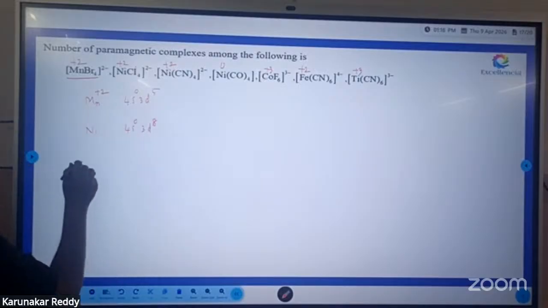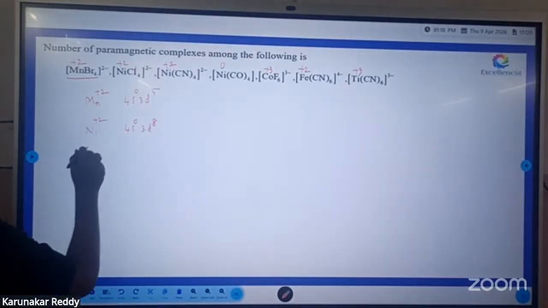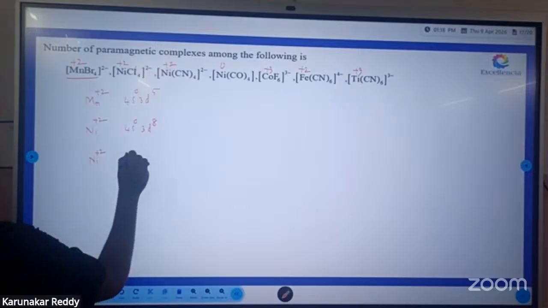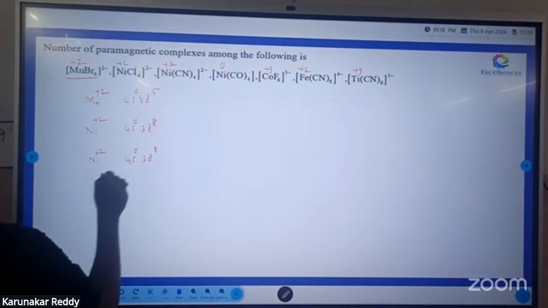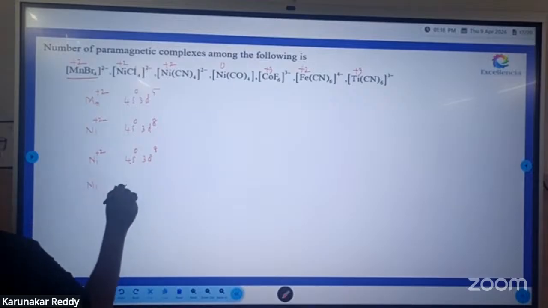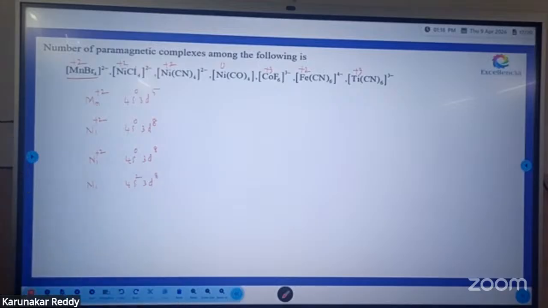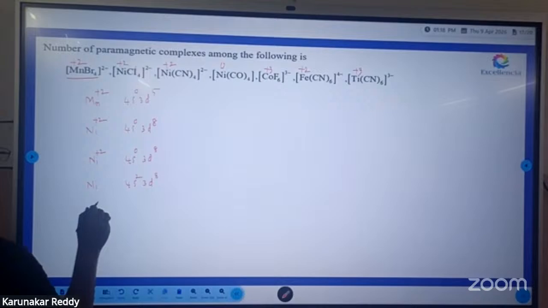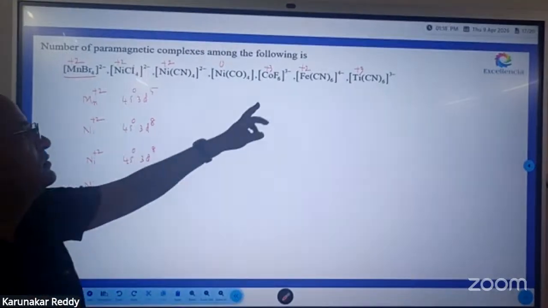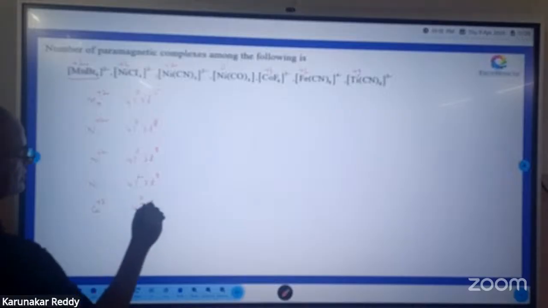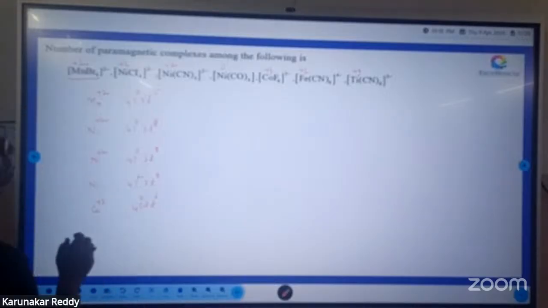Same thing, Ni +2 will be written like that, 4s0 3d8. But for this nickel, the configuration is 4s2 3d8. Then cobalt +3: cobalt is 27, minus 3, 4s0 3d6. Then one more is Fe +2.